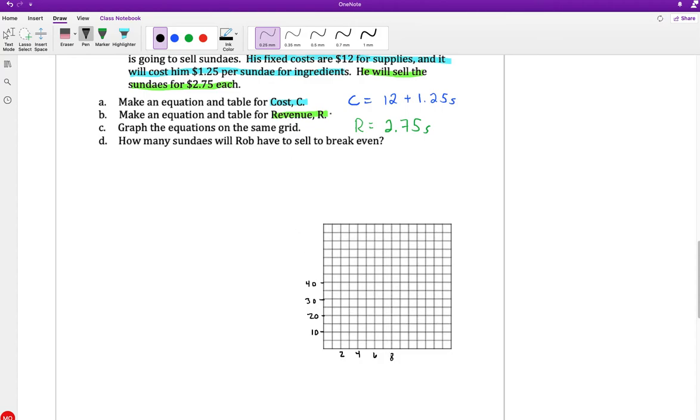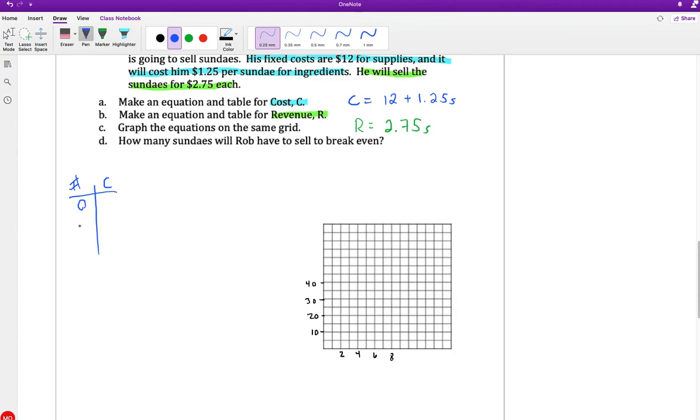Okay? Now, we can't really graph this from the equation because the numbers are kind of weird. What we can do is we make a table of values and just make a couple points off it. We don't need that many points, right? So let's do here, we're going to make the number of Sundays and the cost, okay?